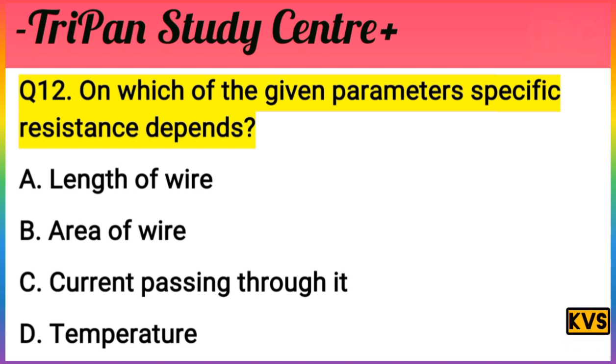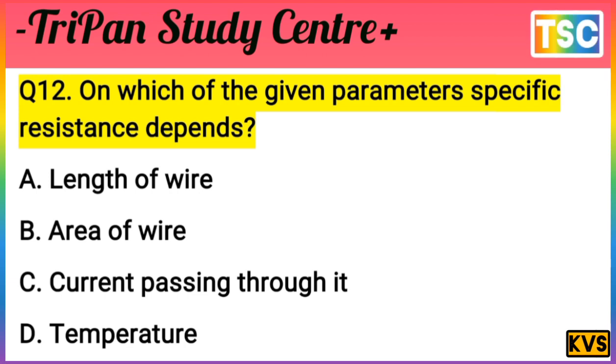The area of wire: nothing depends on it here either. Current passing through it: that's not the answer because this is the odd option here.